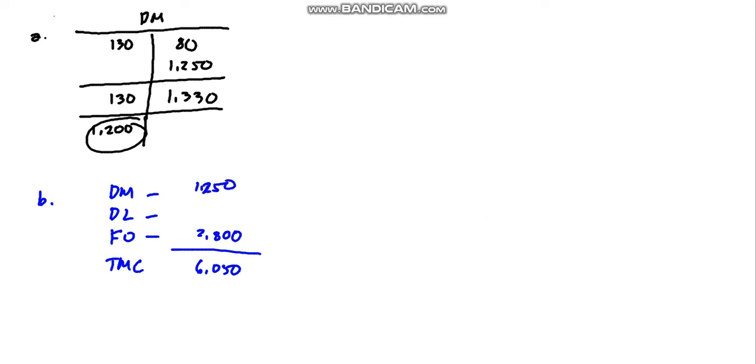So we deduct this one, so the missing value would be how much? That would be 2,000.